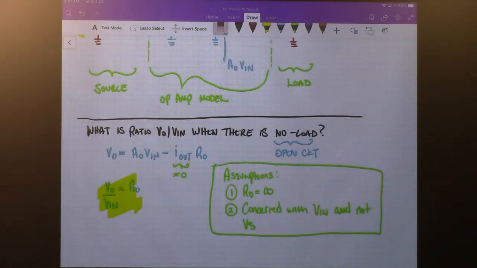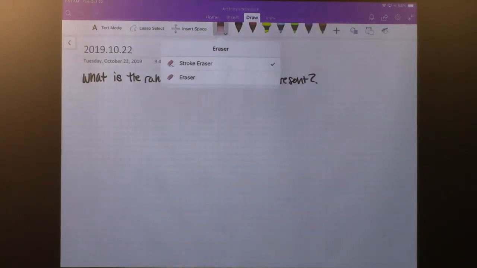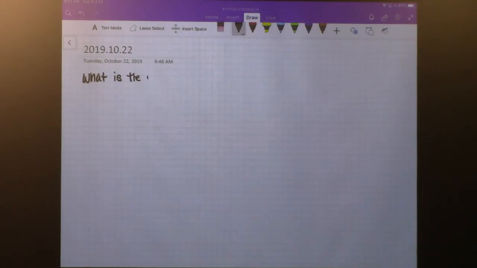So now let's get rid of the second assumption and keep the first one. Let's figure out what is the ratio between V out and Vs when R in is not equal to 0?